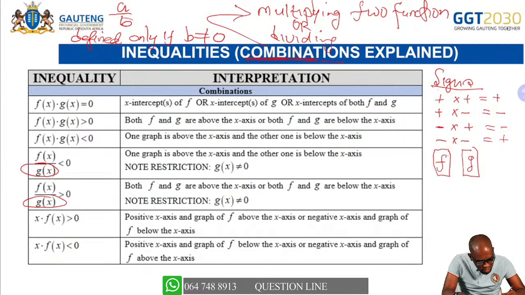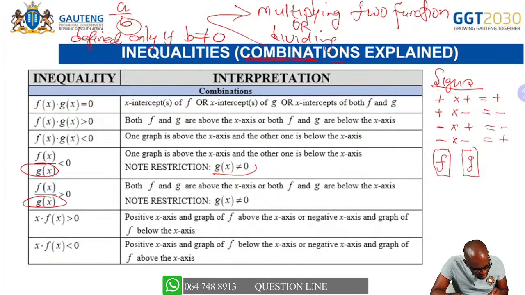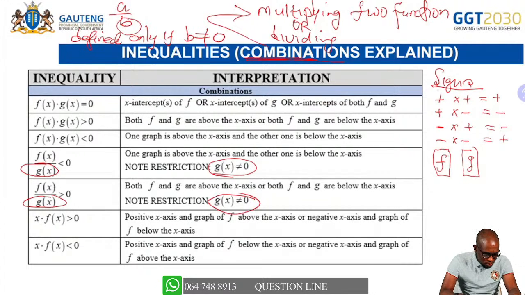Because if the denominator becomes 0, everything becomes undefined. So also with any algebraic function, there will be a restriction that the function g of x should not be equal to 0 because it's a denominator. If g of x is equal to 0, then the whole thing will not work at all. So those are the things that we need to note.